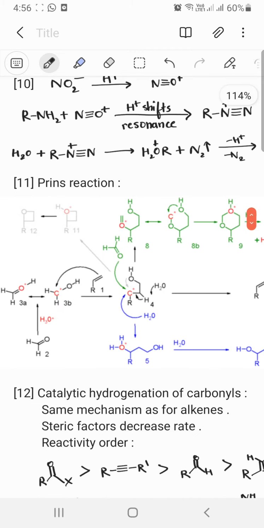So what's the basic thing that we did? Took formaldehyde, treated it with H plus, took any alkene, and added the protonated formaldehyde to the alkene. Then once again added a formaldehyde to that, and after that you did something like an intramolecular rearrangement.